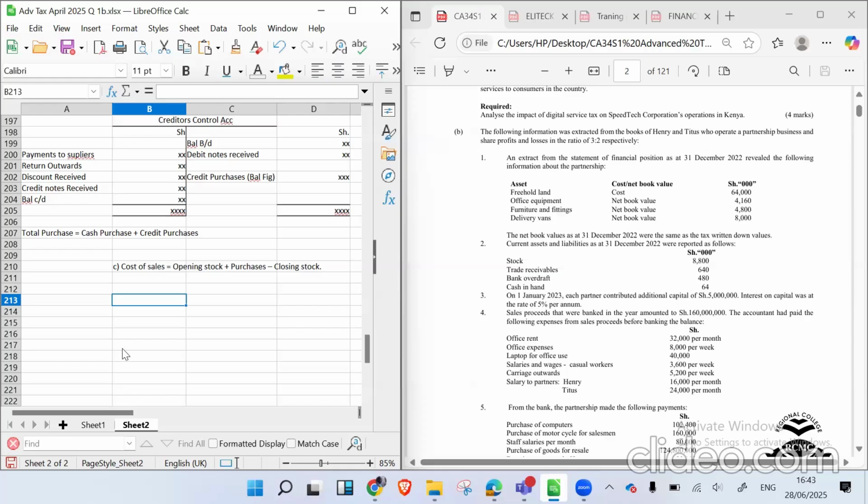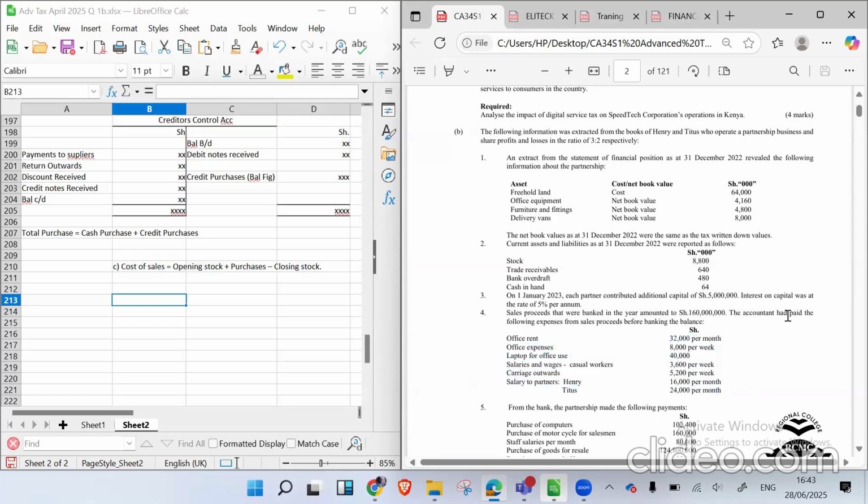So these are the receipts from our customers. So we didn't receive only 160 million. We received this 160 plus all that is here. Because after we received the amount our customers paid us, we used some of the money to pay for these expenses, and then the balance that remained is what we banked.